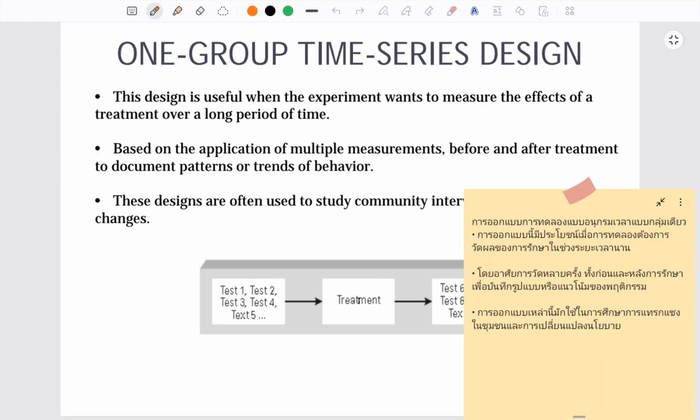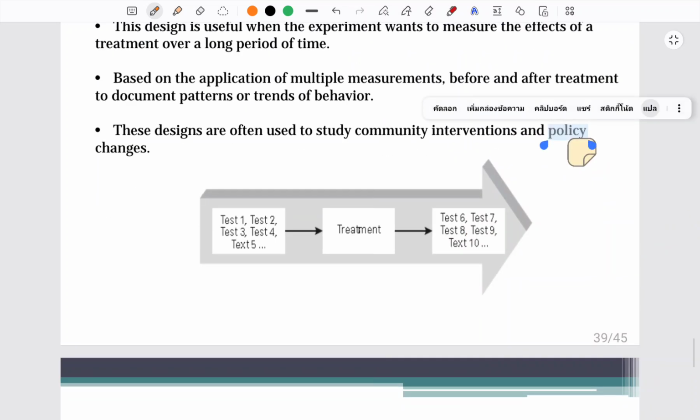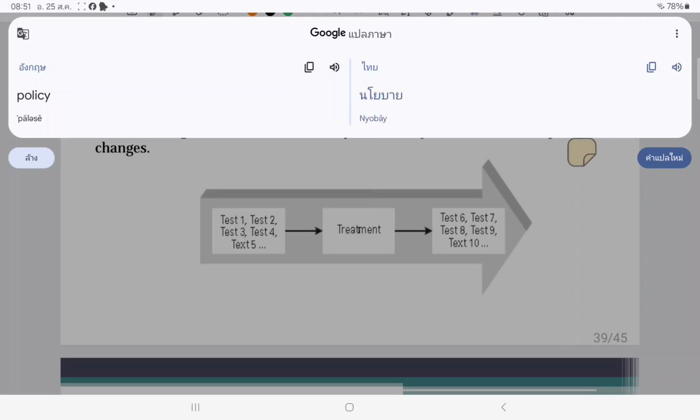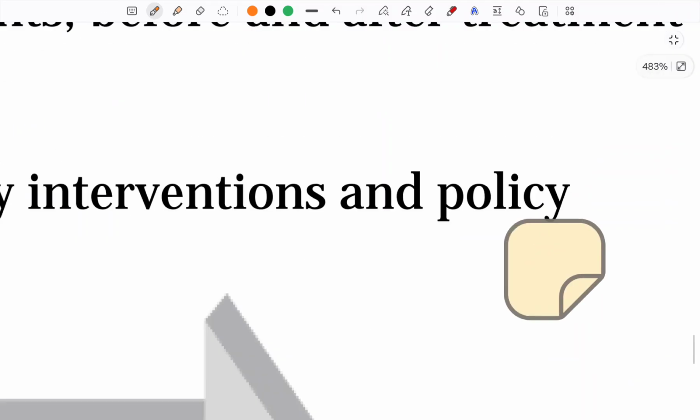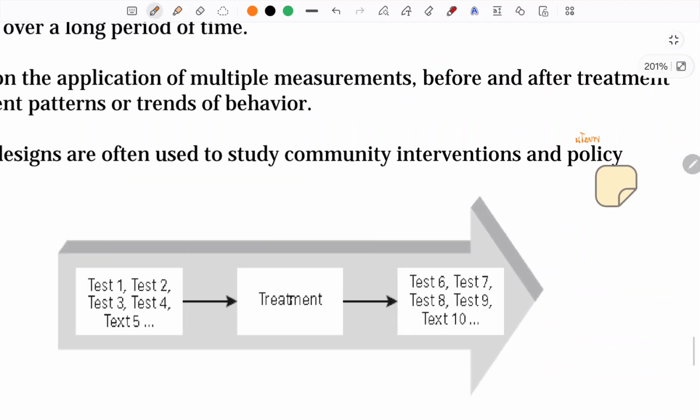For example, if you would like to have a policy that encourages the elderly to have more physical activity, first you may measure their quality of life, balance, gait, or falling rate beforehand, testing maybe 1 to 3, 6, or 12 months before you give them any intervention. You just follow them during their daily life activity. For 1 year before the intervention, you record the quality of life, falling rate, etc.